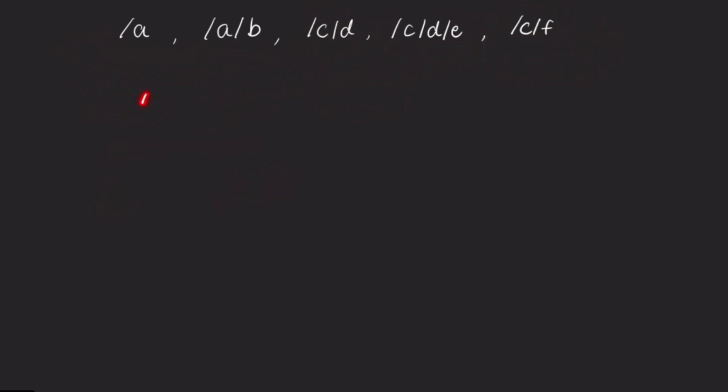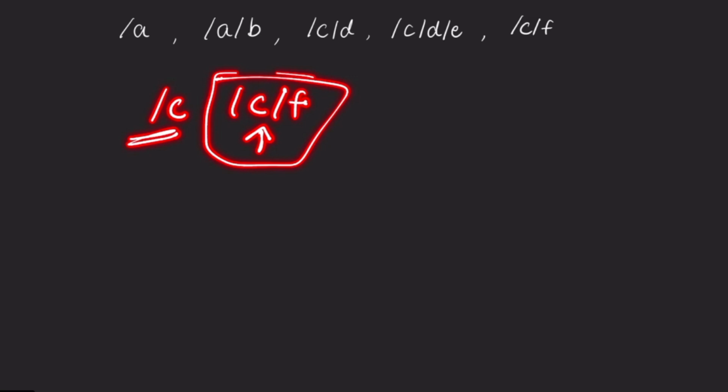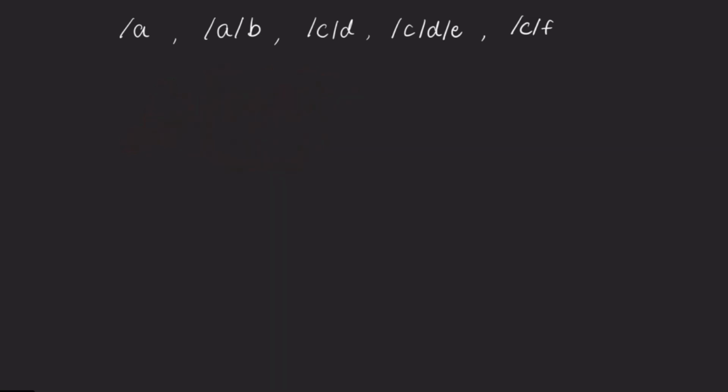Now let's suppose /C would have been present, then after sorting, you would get /C, /C/D, /C/D/E, /C/F. Then you would see that this is starting with /C, which means this is a subfolder. So what we are doing is, first we are sorting the array. Then for every folder, we need to check its previous folder, right?